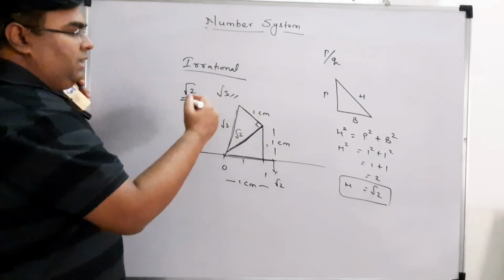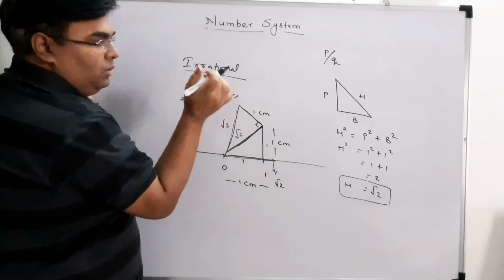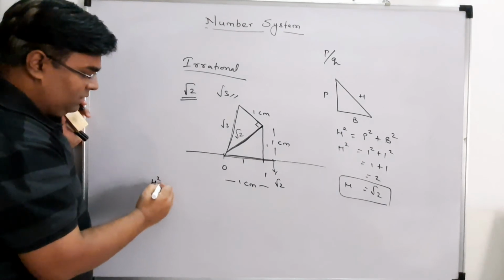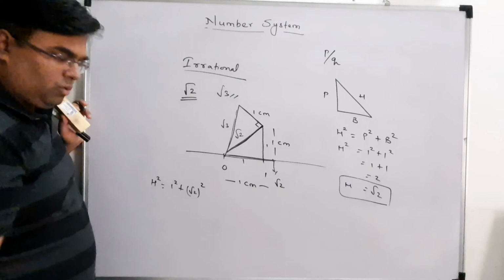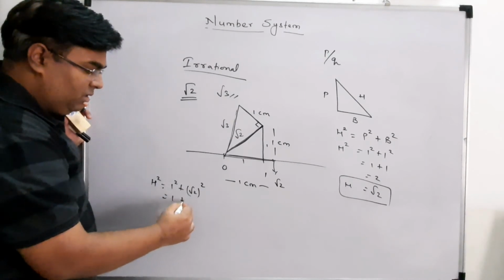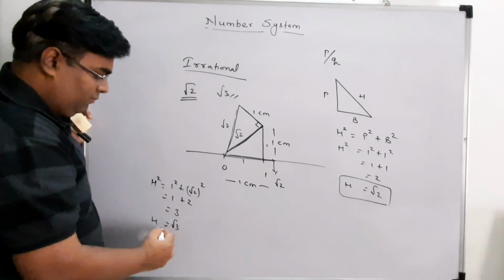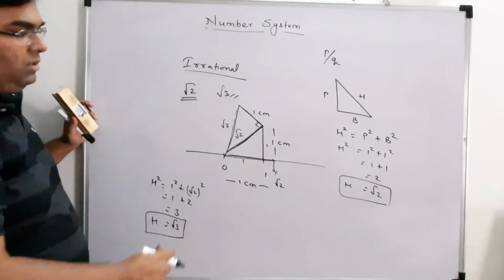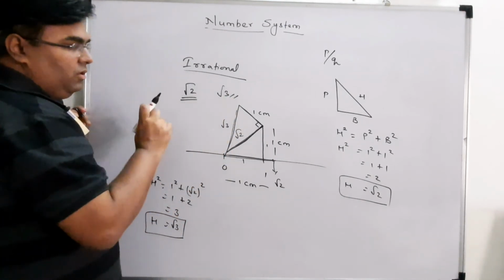How? Again by using Pythagoras theorem, one side is root 2, another side is 1 centimeter. So h square is equal to 1 square plus root 2 square, which gives 1 plus 2, which is 3. So h is equal to root 3. Right? So this is one way of finding the length of an irrational number.